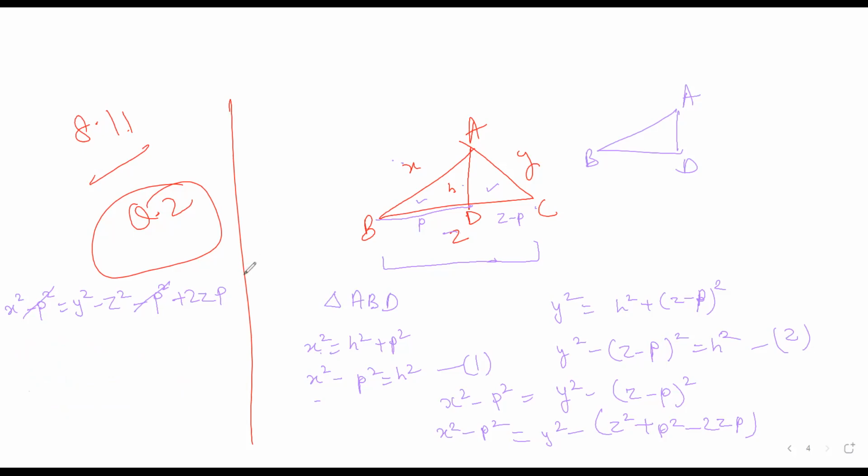Okay, so if x squared minus p squared, that would give us h squared, right? So y squared minus z squared plus p squared minus 2zp, that's just all equal to h.